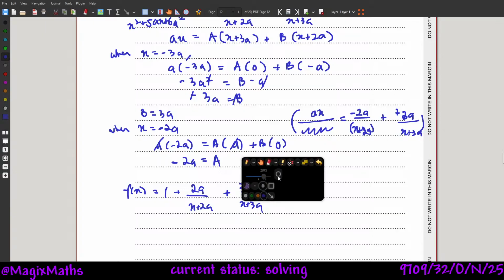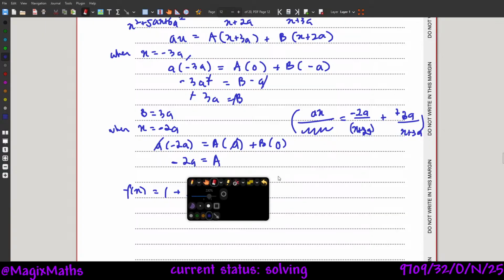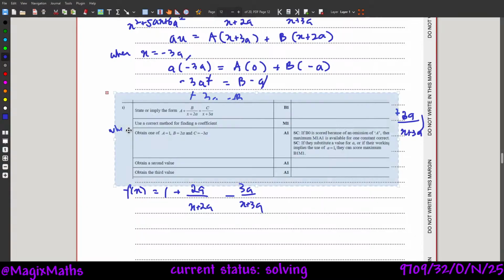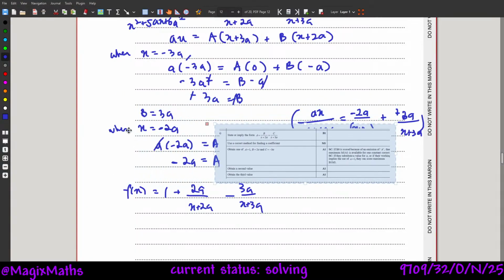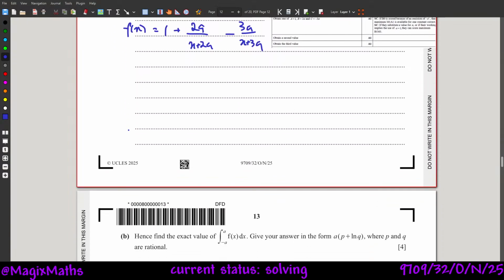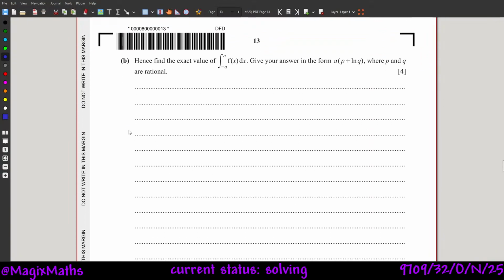Let's hope I'm right. Yep, doing slight adjustments. We did get the correct answer. Right, congratulations to me. Hence, find the exact value of.